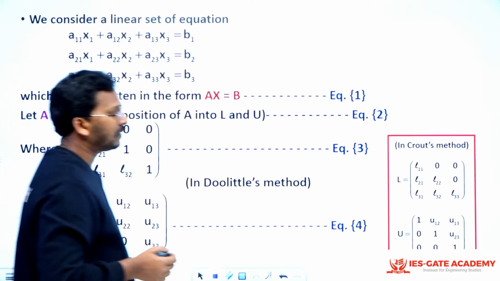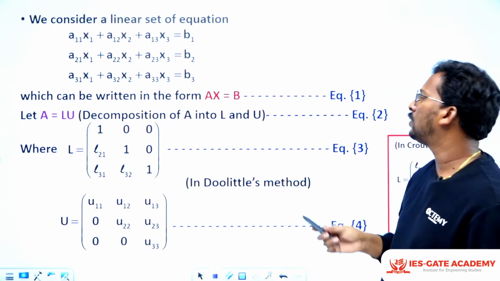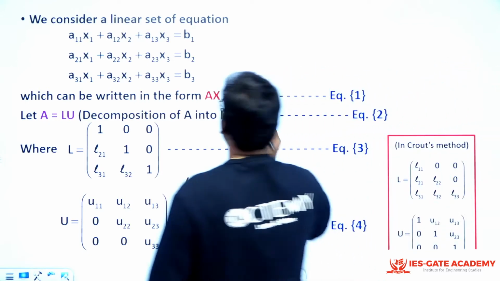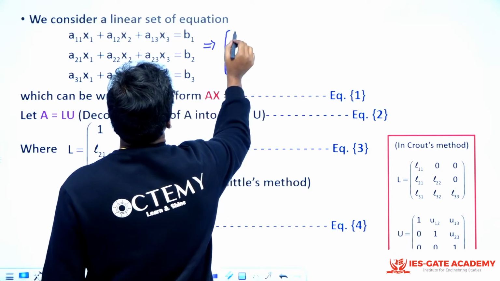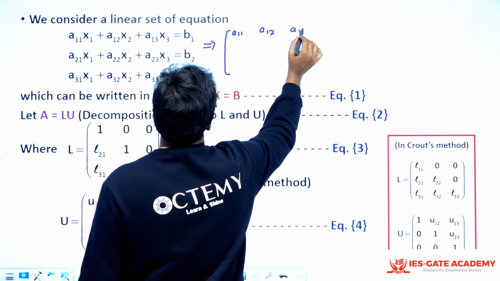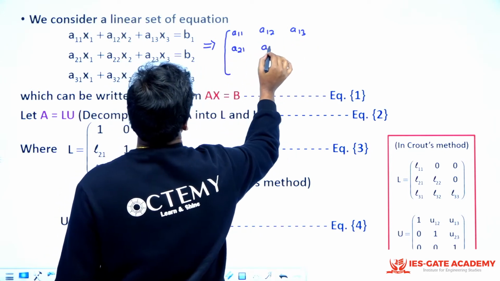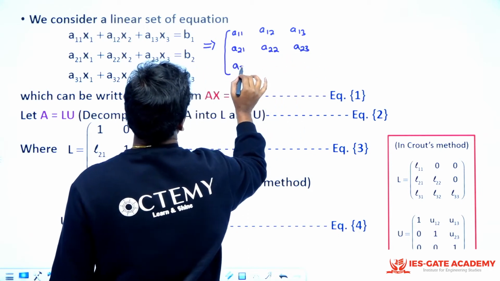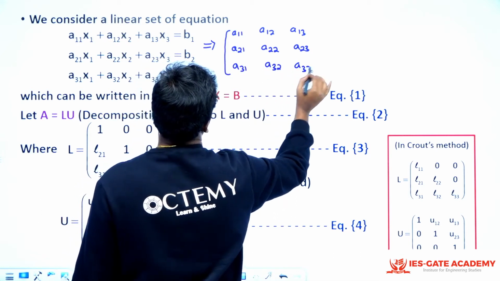Say I take a system like a11 x1 + a12 x2 + a13 x3 = b1, and so on. From here, the A matrix can be written as a11, a12, a13; a21, a22, a23; a31, a32, a33.